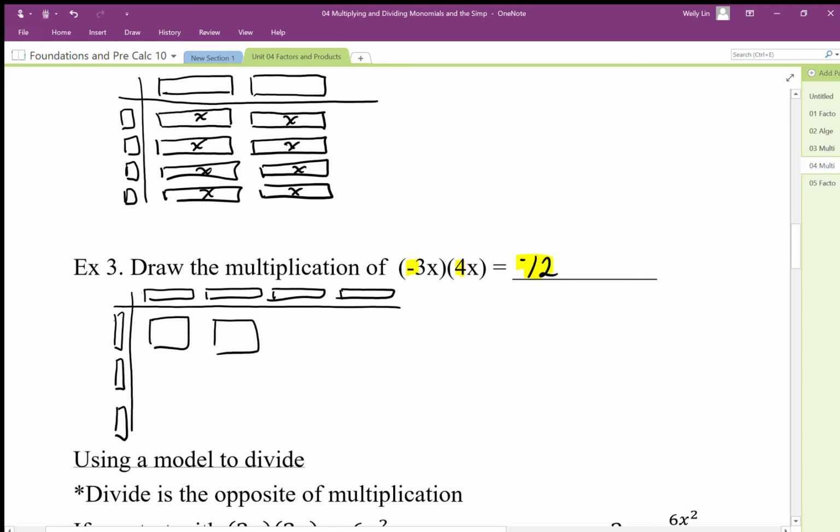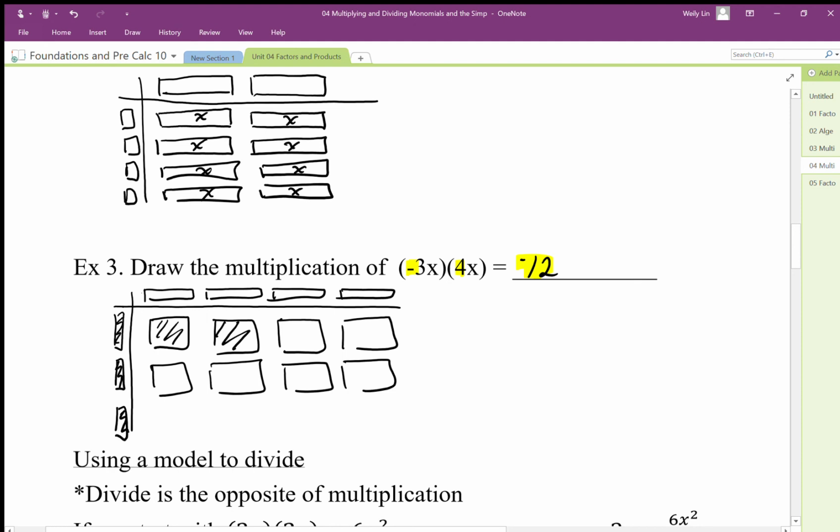So this is going to be negative, so I'm going to shade these. And I can see that the 4 groups this way, 3 groups this way, is going to give me 12 of the variable parts that I'm going to generate.